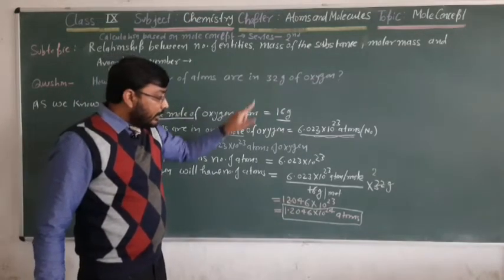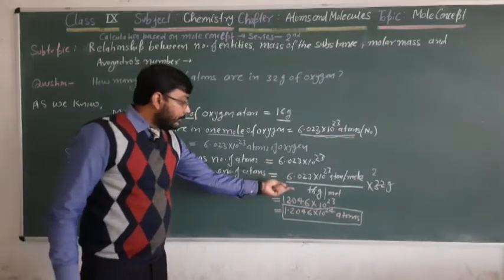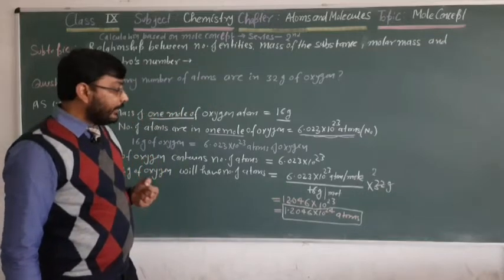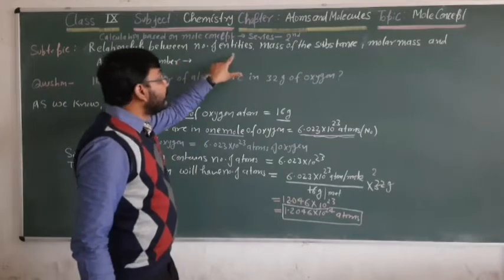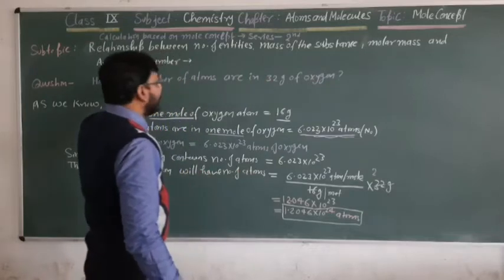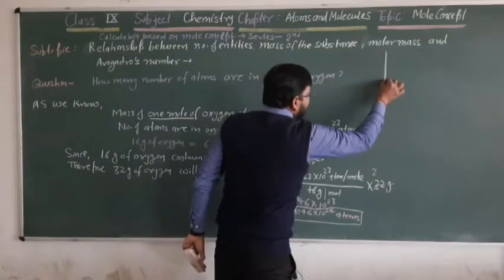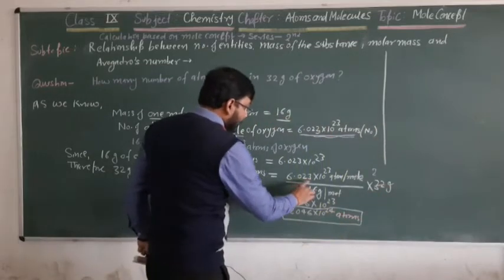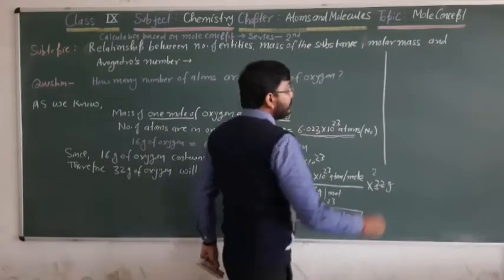Now with the help of this we will derive a relationship between the number of entities, mass of the substance, molar mass, and Avogadro's number. Now see, 32 gram is the mass of substance.